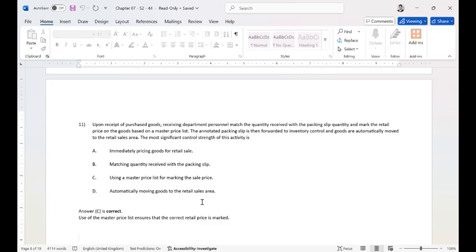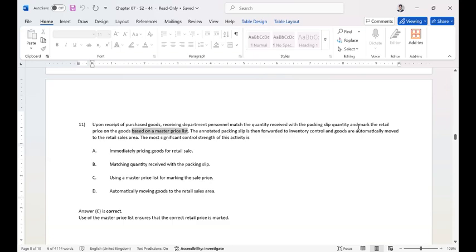Using a master price list for marking the sales price is like having a sales price list and then checking to see whether the price on the item matches that, isn't it?